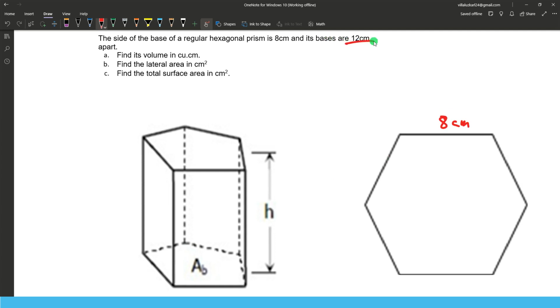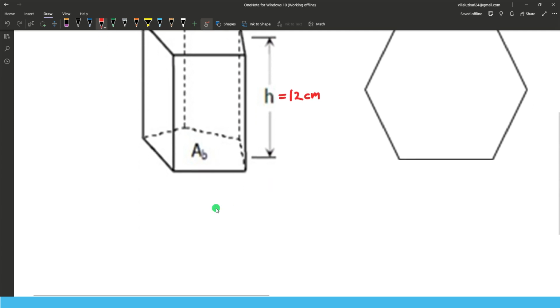Its bases are 12 centimeters apart, so we have an h of 12 centimeters. Determine A, the volume, first. Since this is a regular hexagonal prism, we can simply apply the formula V equals the area of the base times the altitude.